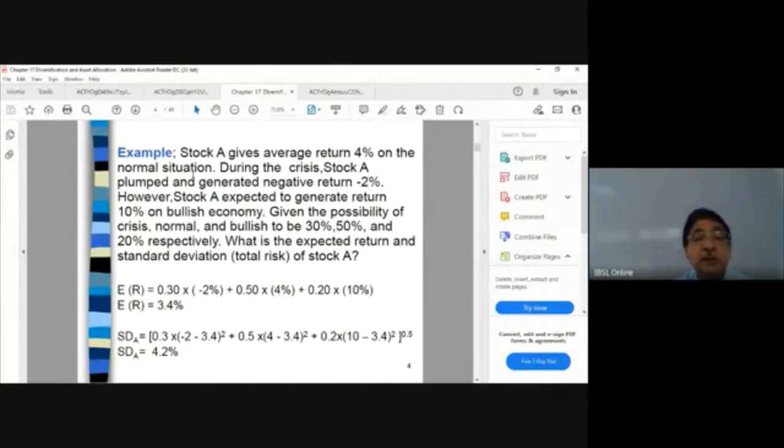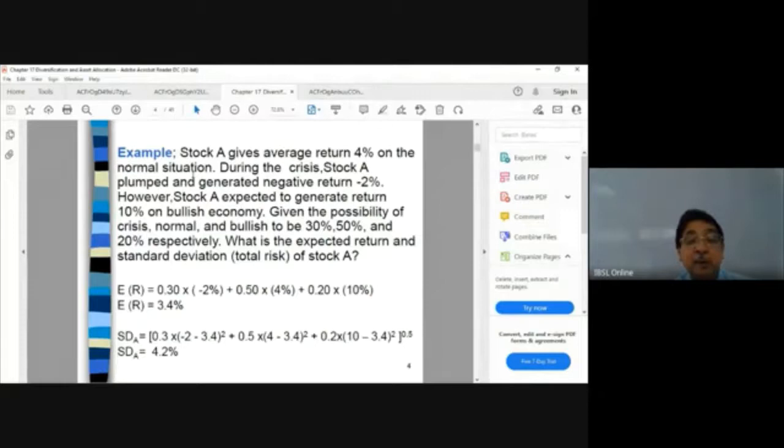You can equate the crisis situation with the plummeted, negative return, which is really connected to the crisis.